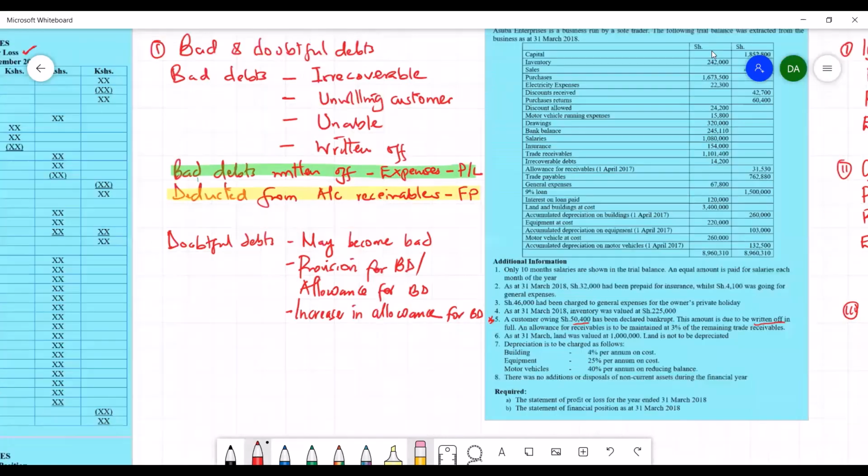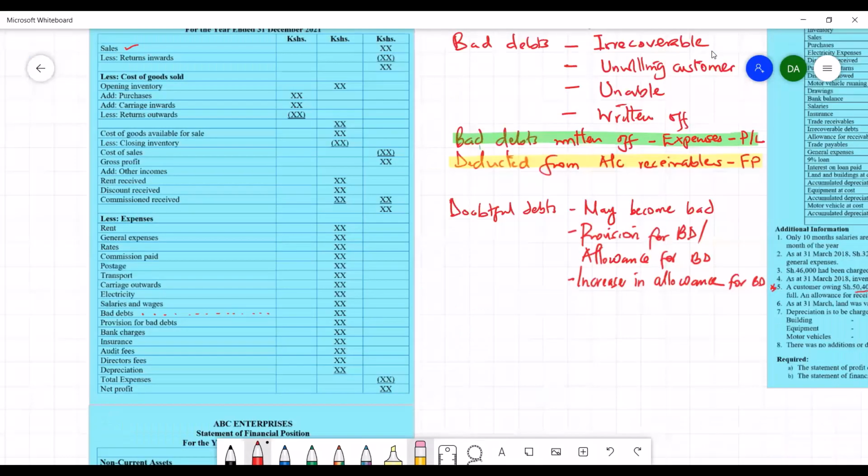In the statement of profit or loss here, you can see we have an item known as provision for bad debts. This should be increase in provision for bad debts. When there is an increase in provision for bad debts, the increase is reported in the statement of profit or loss as an expense.